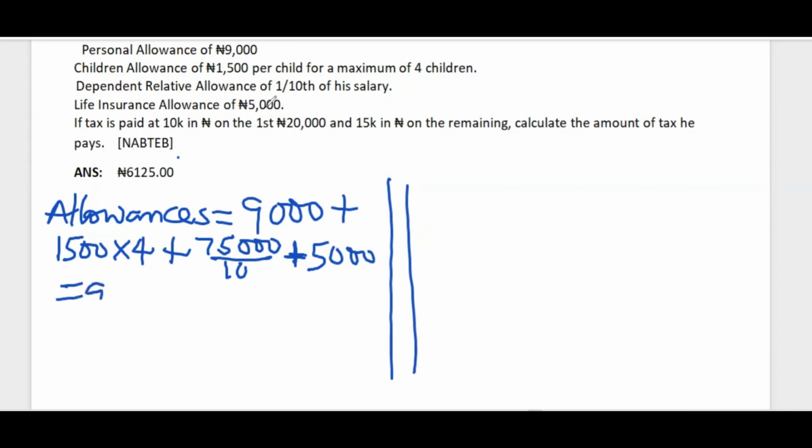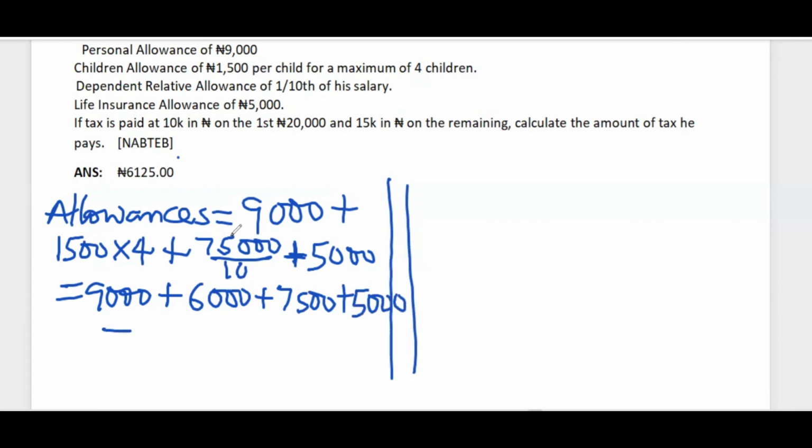So the whole allowance is 9,000 plus 1,500 times 4, which gives us 6,000. If you divide 75,000 by 10, you get 7,500, plus this 5,000 here.